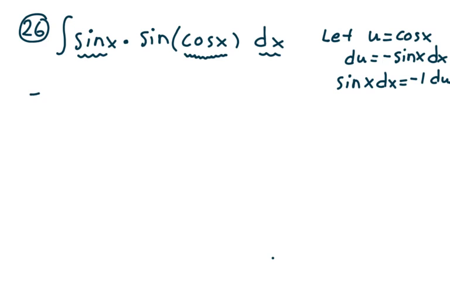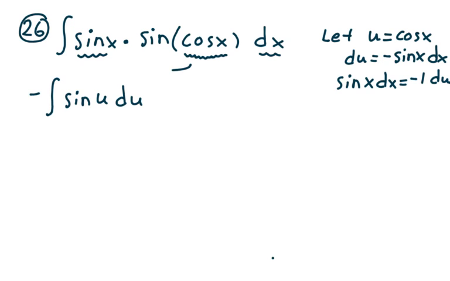So I'm going to pull a negative on the outside, and I'm going to take the integral of sine u du. Because sine x dx with that negative becomes negative du. So negative goes on the outside, and I'm integrating sine of u du.